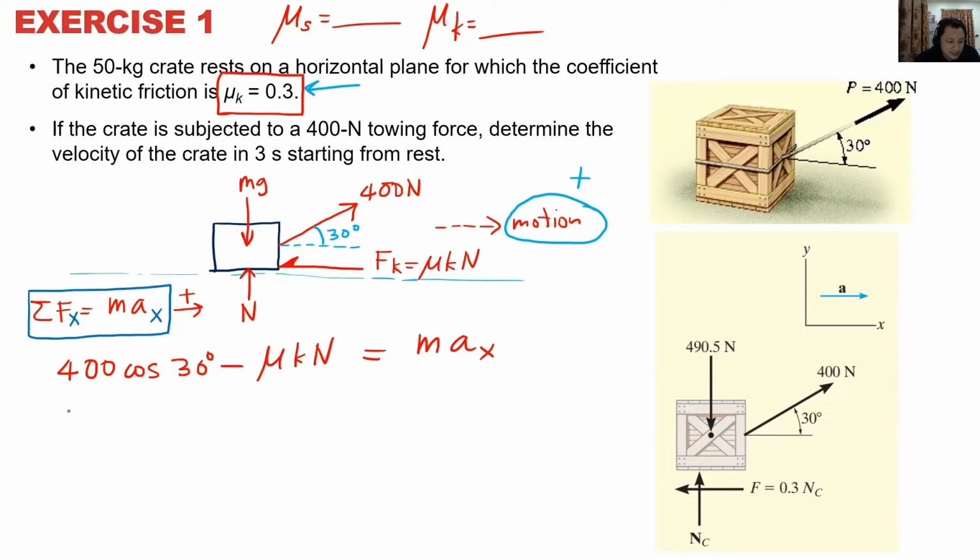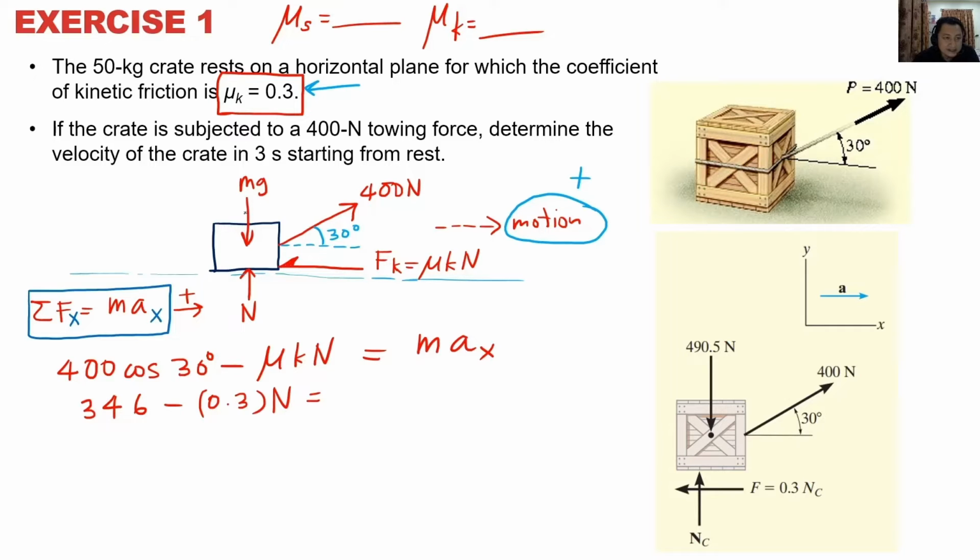So 400 cos 30, what answer do you get? 400 cos 30 degrees is 346, minus mu k, 0.3, times normal. We don't know normal, so just leave it there first.